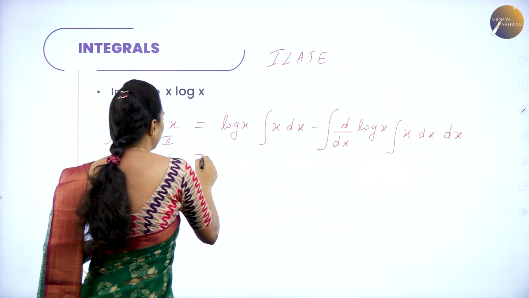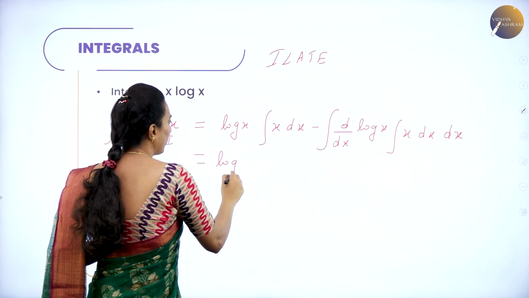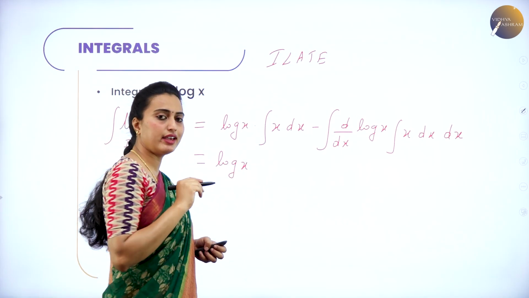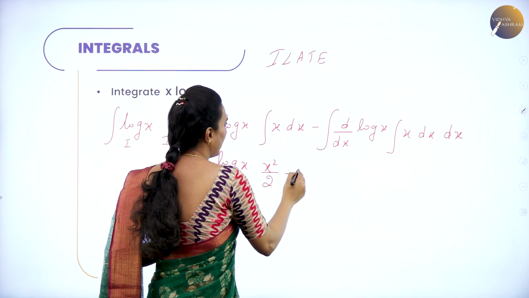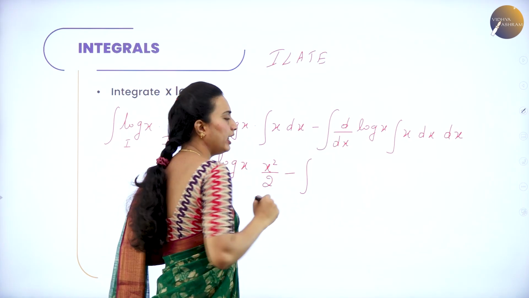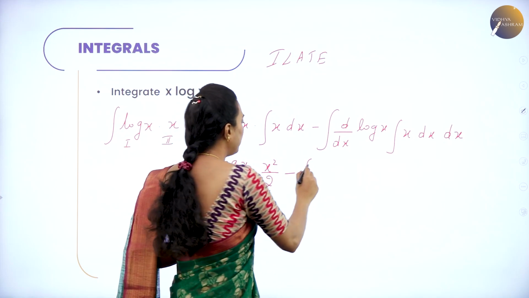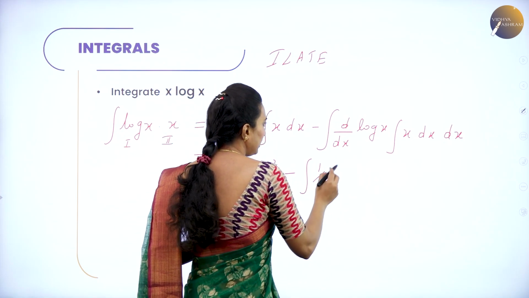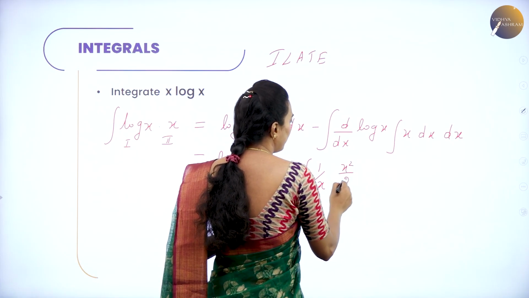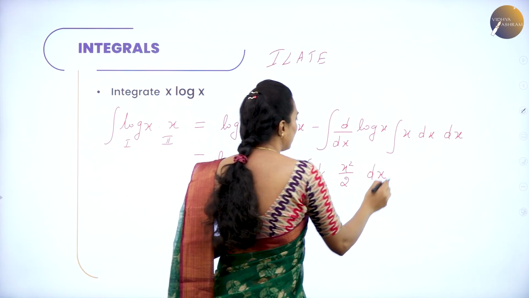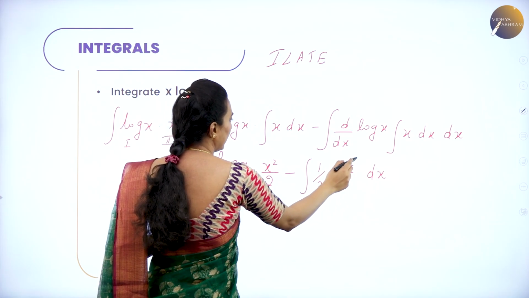Now here you can further simplify: log x into integral of x is nothing but what? x squared divided by 2, minus integral of d by dx of log x, which is nothing but 1 by x, into integral of x, which is x squared divided by 2, into dx. Now further simplification here, x and x will go.